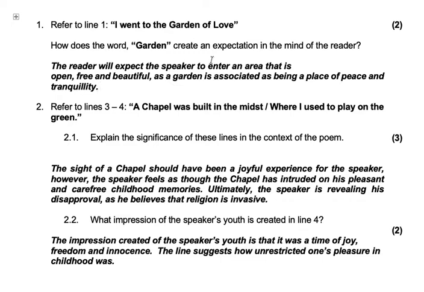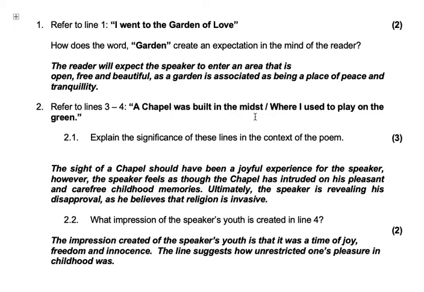Give an explanation as to why you say that, because 2 marks, 2 points, 2 sentences. So what would be the second point? And we've gone over that just now, as a garden is associated as being a place of peace and tranquility. Give some sort of justification or substantiation with regards to why you gave that initial response.